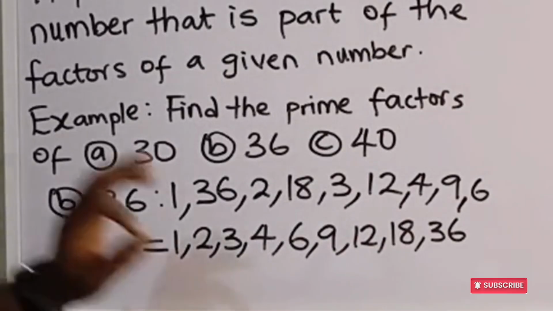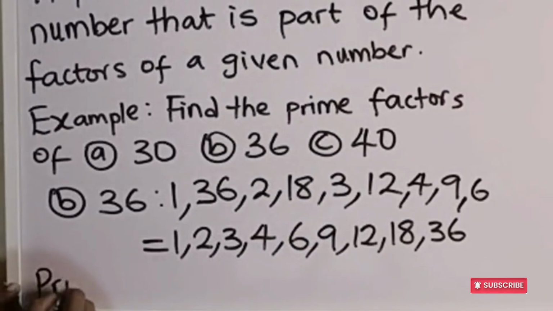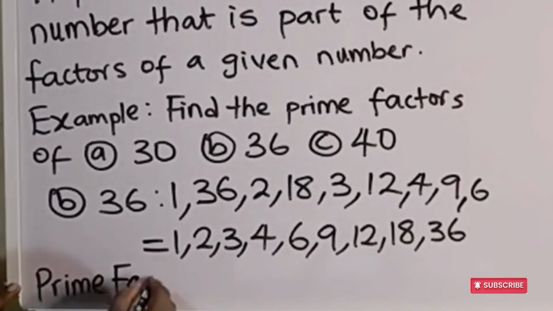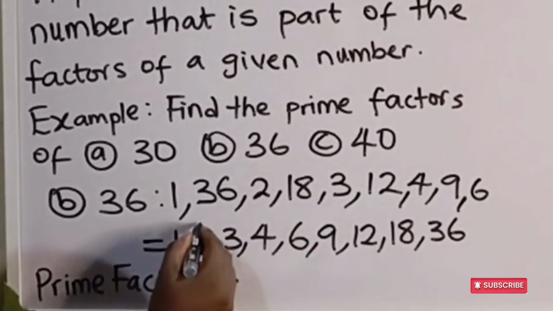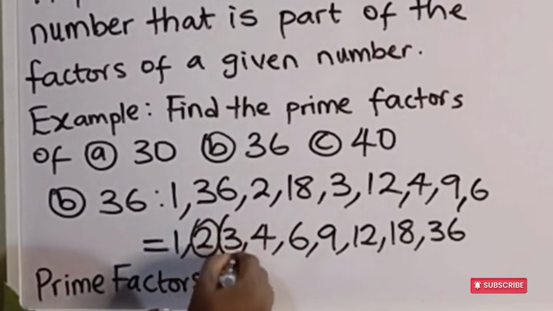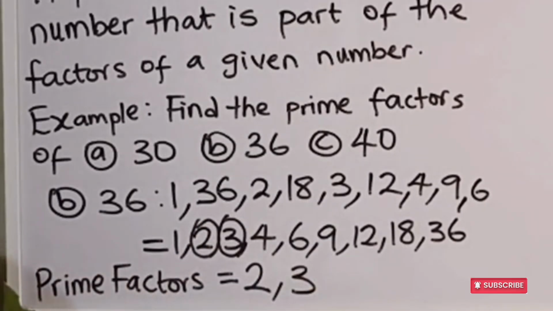But we are looking out for the prime factors, the numbers among these factors which are also prime numbers. The prime factors are 2 and 3. So these two values are the prime factors of 36.